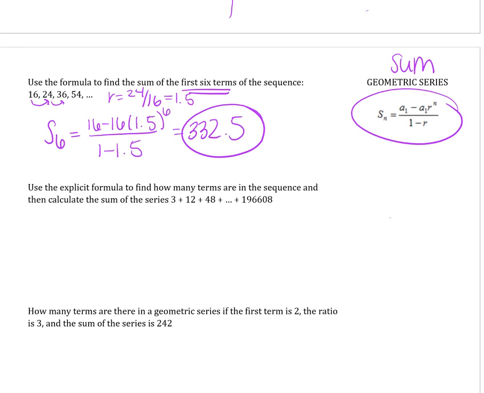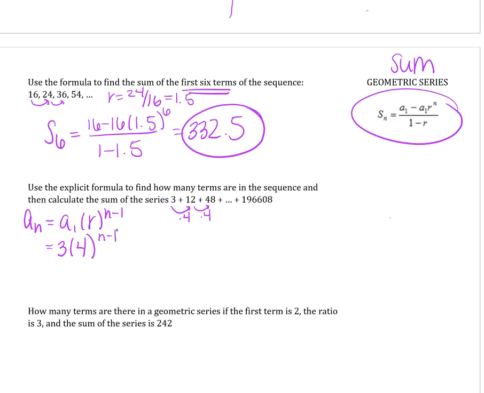Use the explicit formula to find how many terms there are in the sequence, and then calculate the sum of the series. Okay, so it looks like I have a geometric sequence because I'm multiplying by 4 each time. So the explicit formula for a geometric sequence is this. I know the first term is 3 and the common ratio is 4.